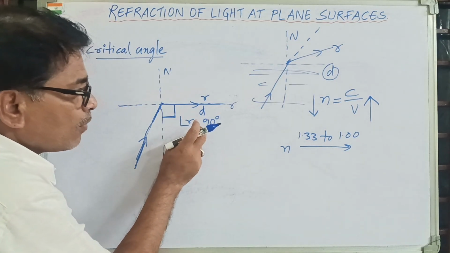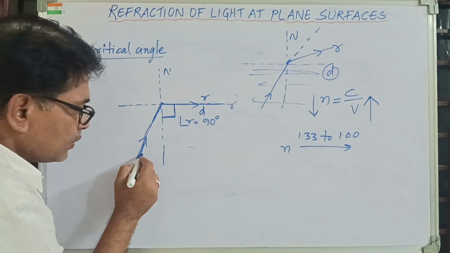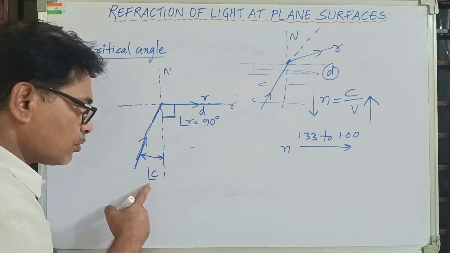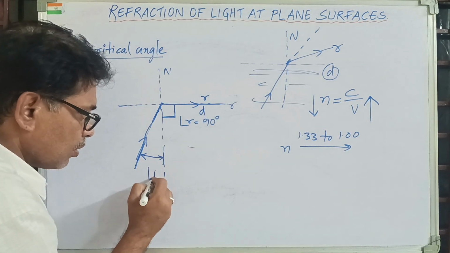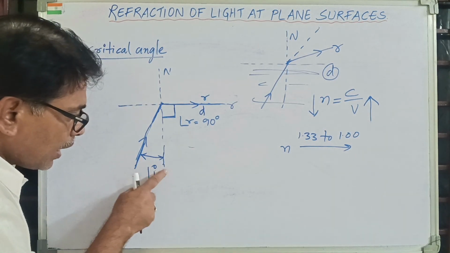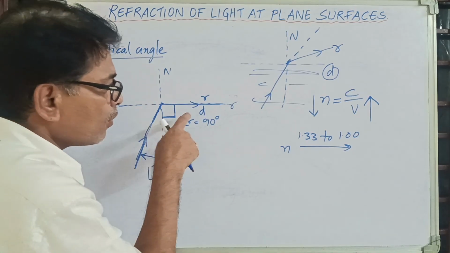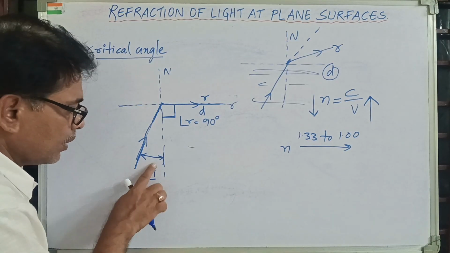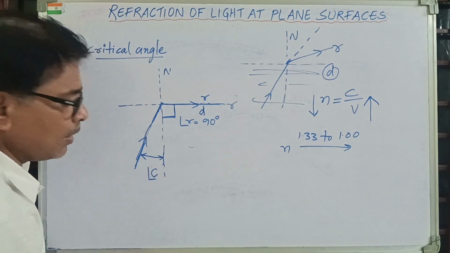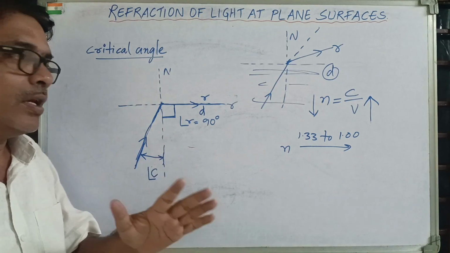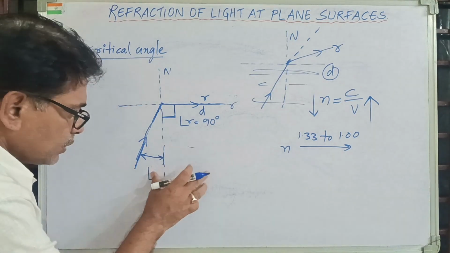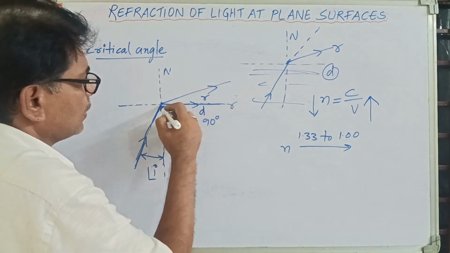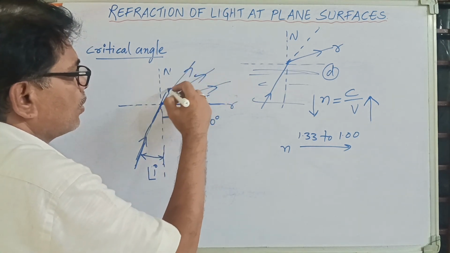For this particular angle of refraction, whatever the angle of incidence is, that is called the critical angle. This is also an angle of incidence only. Once again, for a particular angle of incidence, if the angle of refraction is 90, then this is no more called the angle of incidence. This is called the critical angle. Actually the ray is supposed to go away like this, but it will not go in its path.